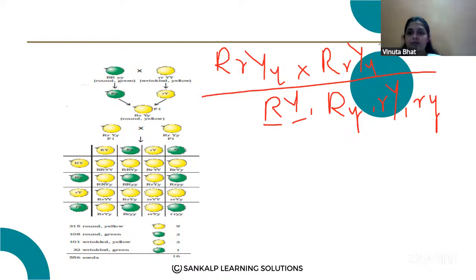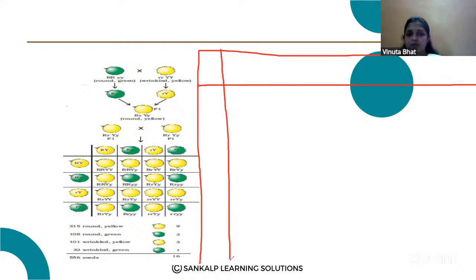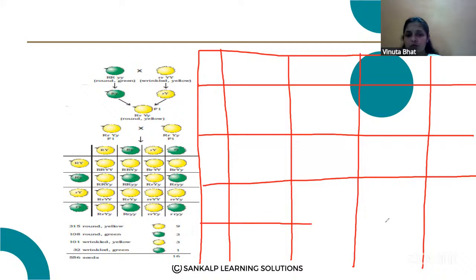Okay, here checkerboard. So here 1, 2, 3, 4, then 1, 2, 3, 4.